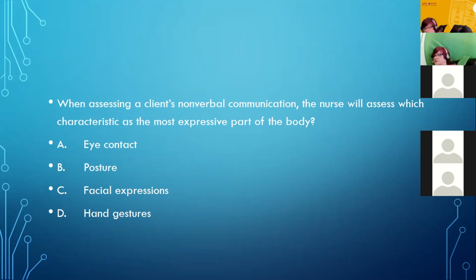The face usually tells it all, right? Posture is going to tell us some stuff, okay? Eye contact can really vary from person to person, because depending on what your culture is, on whether or not you even want to look at me, and that might not have anything to do with you. I just might not feel like I'm respecting you or whatever. So it's really more to do with that.